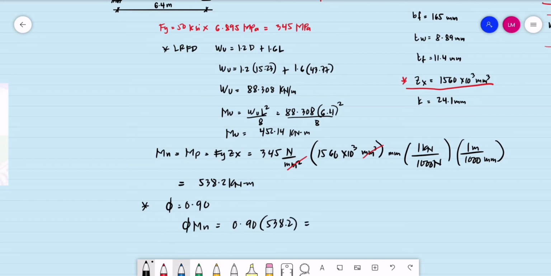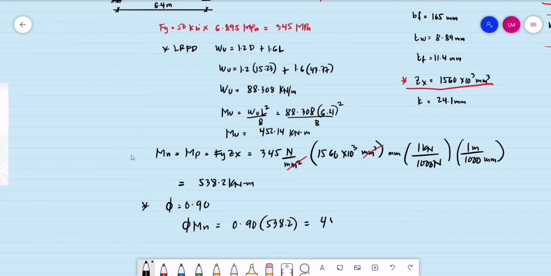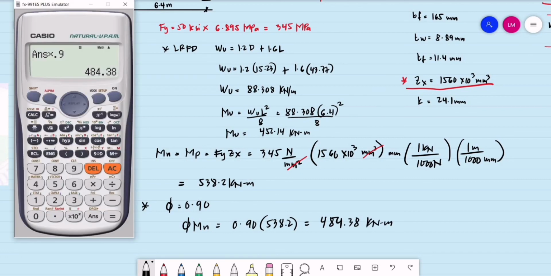This is the ultimate capacity of our section, the W21 by 44, and it is 484.38 kilonewton-meter.